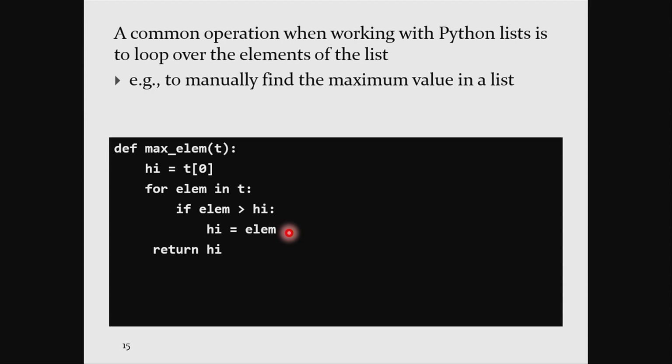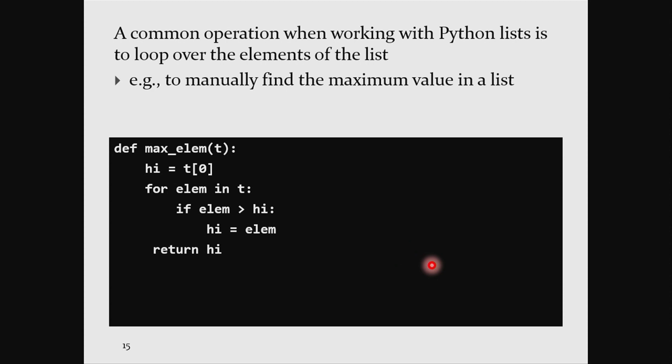You just keep going around and around until you process every element in the list, and then when you're done, you can return high. That is the hard way to find the maximum element in the list in Python. The easy way is to use the max function. So max t gives you the maximum element.